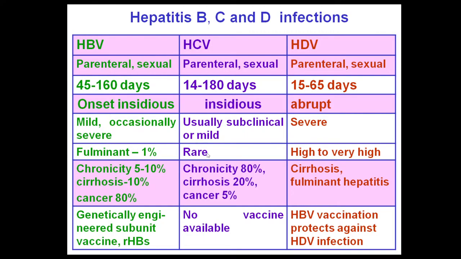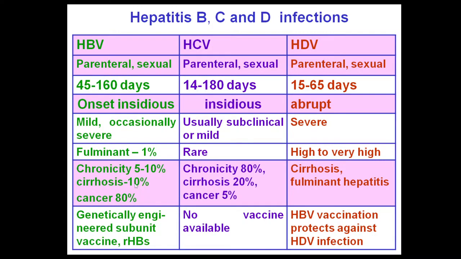The lethality is very low for hepatitis C and really very low for hepatitis B. And the ability to cause fulminant infection is very low in B and C, but very high in hepatitis D. The time course of the disease is also different in these hepatitis viruses.